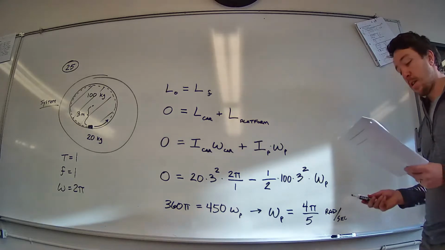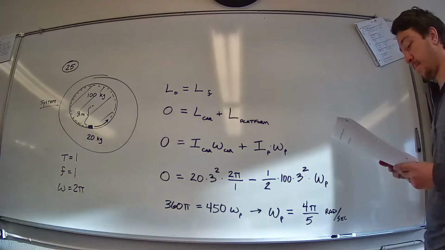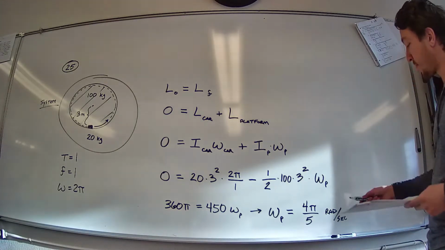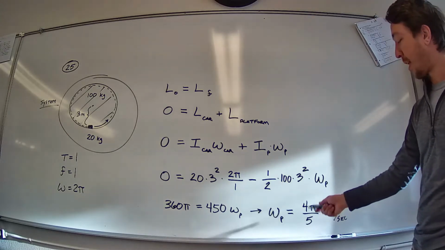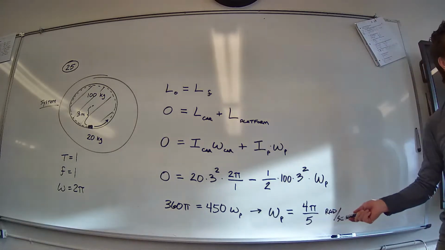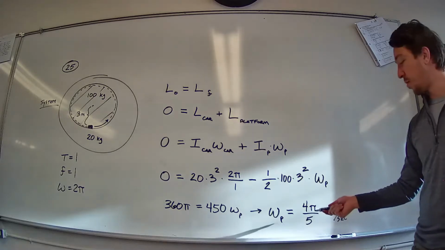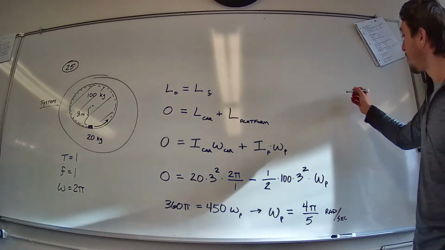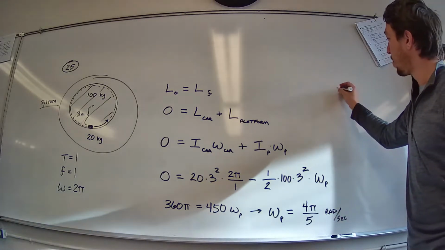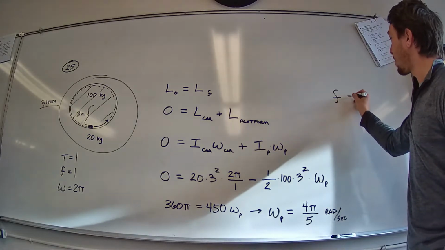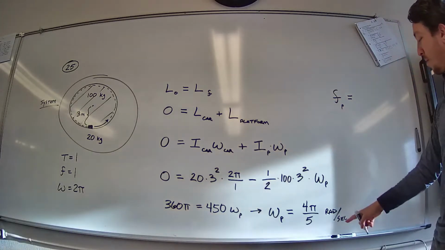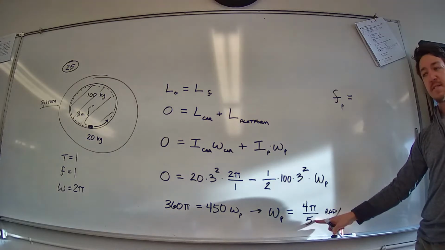Well, I can convert this into a frequency or a period, right? So what's the frequency then of the platform if the omega is this?